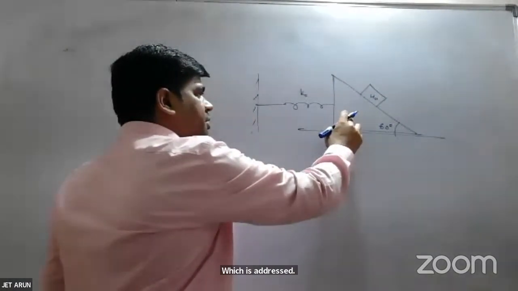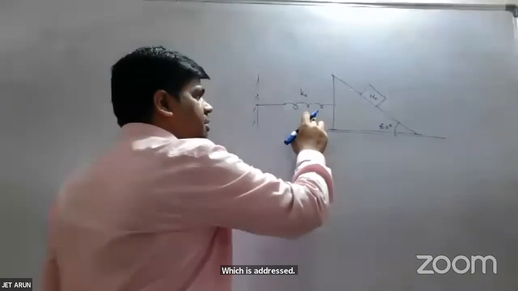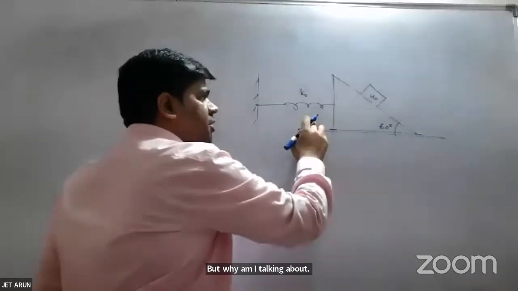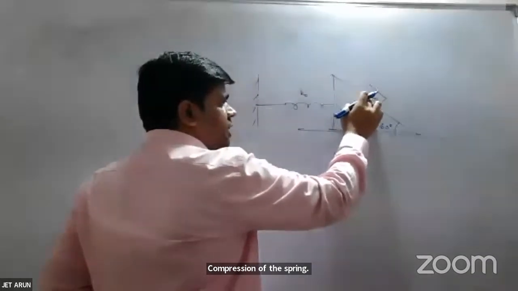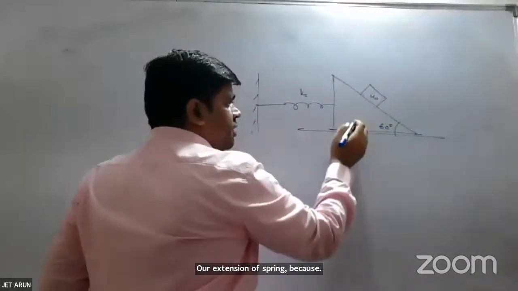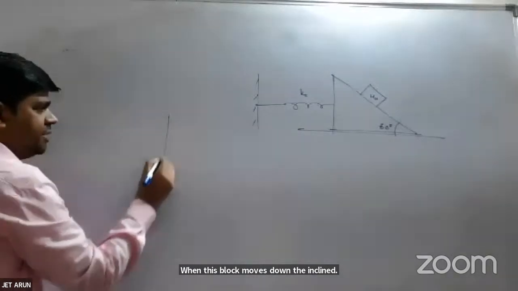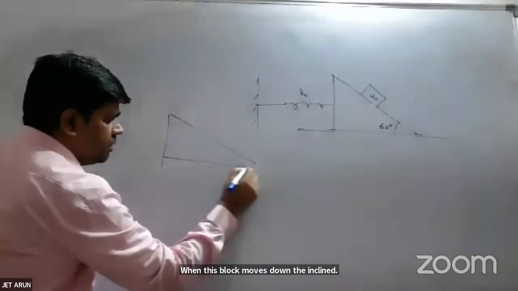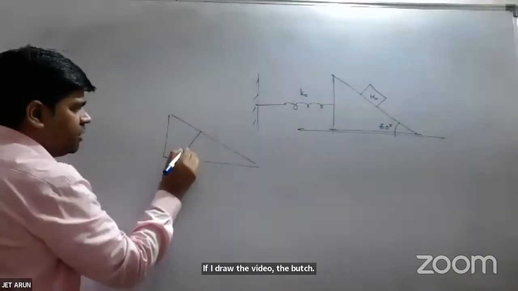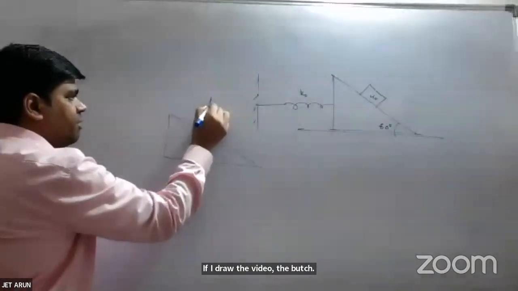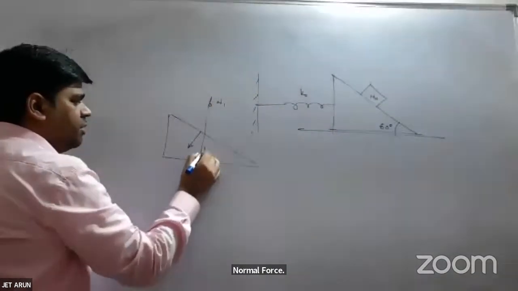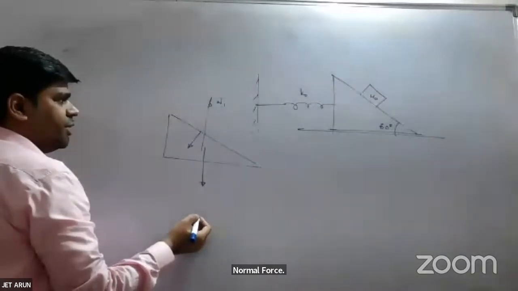But why am I talking about compression of the spring or extension of the spring? Because when this block moves down the inclined plane, if I draw the FBD of the wedge, one normal force is here because of ground. Gravitational force on the wedge is downward.